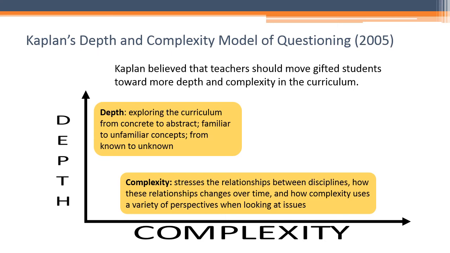Kasi yung depth, nandun ka lang nakapokus, pinapalalim mo lang. In complexity, you have this particular content, and you reference other disciplines to better understand it. That's why the line here is horizontal. It indicates wideness, the scope.